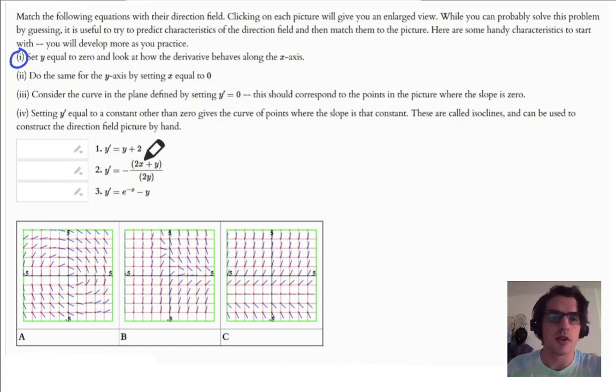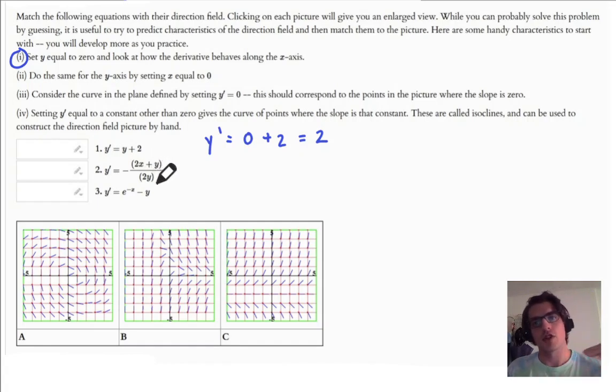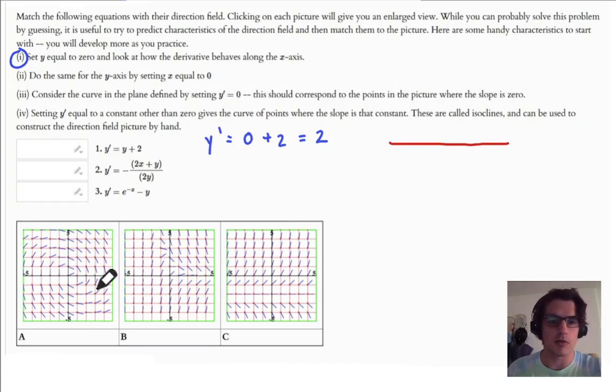So the derivative y prime equals 0 plus 2, or 2. So when y is 0, which on the graph is the x-axis, and we're going from -5 to 5 in all of these, at every point along the x-axis, the slope is 2.